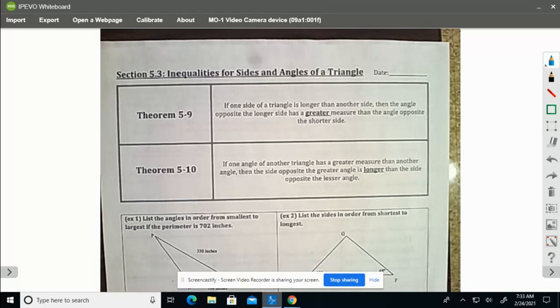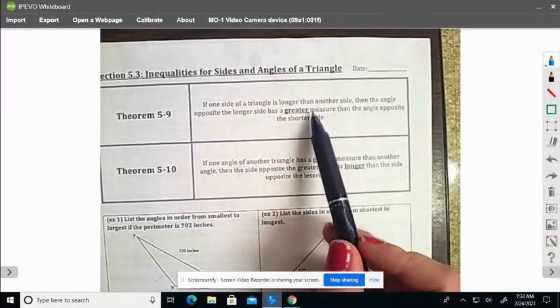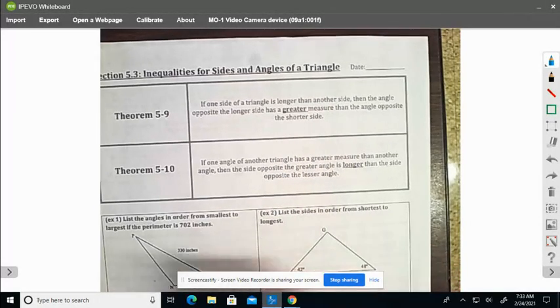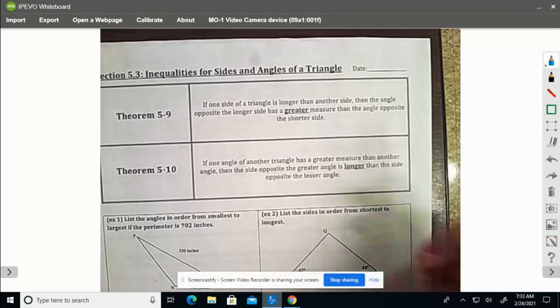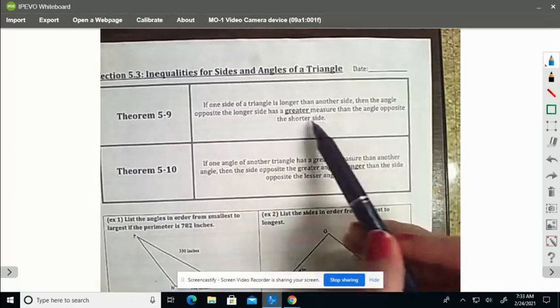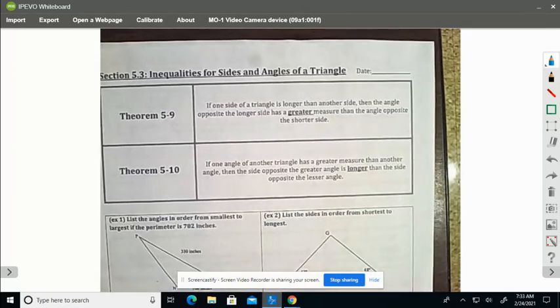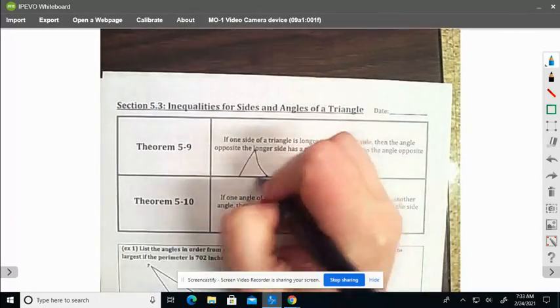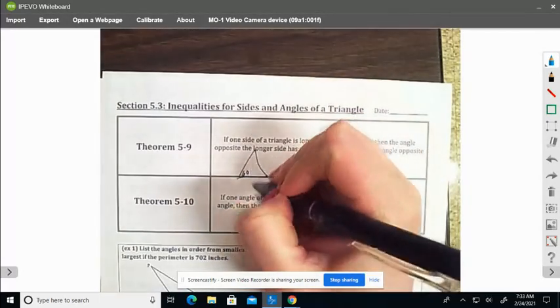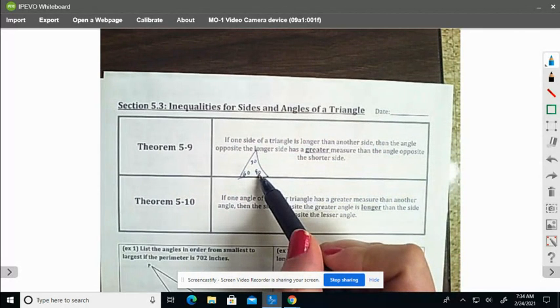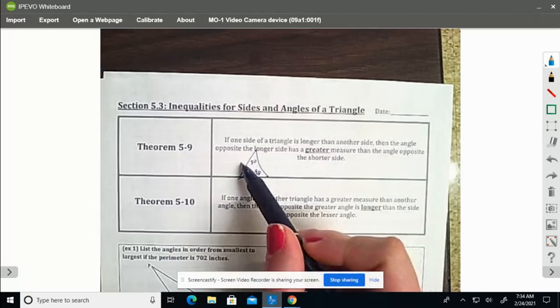The first one is that if one side of a triangle is longer than another side, then the angle opposite it, which we kind of already talked about in a previous chapter, has a greater measure than the angle opposite the shorter side. So if I'm looking at a triangle and I have 60, 30, 90, 90 is the largest angle, so that side has to be the largest.